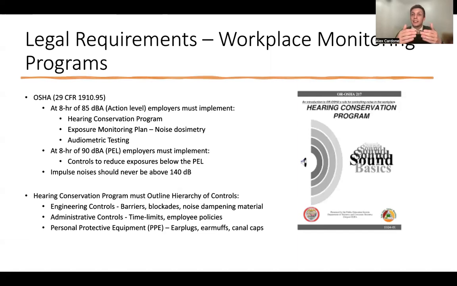That way they hopefully stay below that 90 decibel average for the entire workday. And then there's personal protective equipment. This could encompass earplugs, earmuffs, or even canal caps. These can help control the amount of noise and vibration entering the outer ear itself.